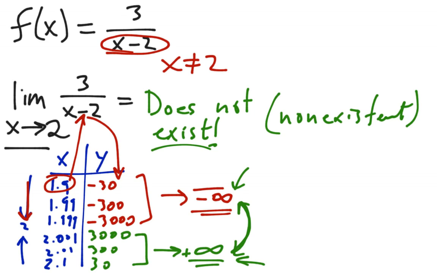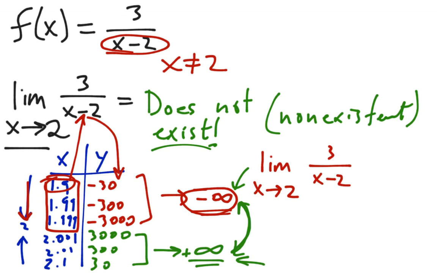Well, we want a way to write the fact that if you only look at the numbers on the left side of 2, they do go to something. And the way we're going to write that is like this. Limit, it's almost exactly the same. Limit x approaches 2 of 3 over x minus 2 equals, the limit is negative infinity.